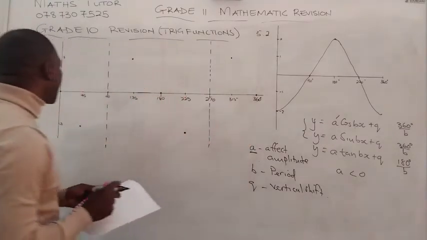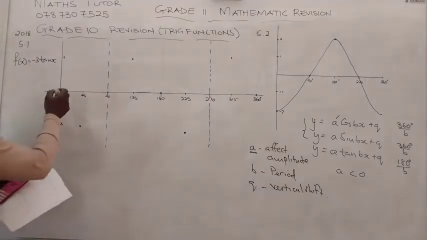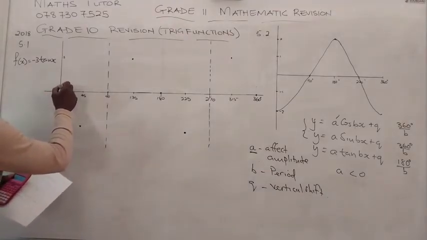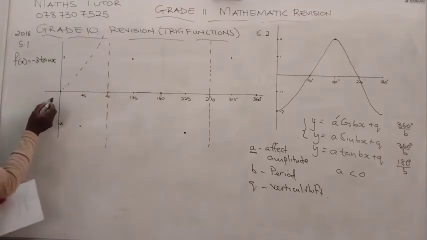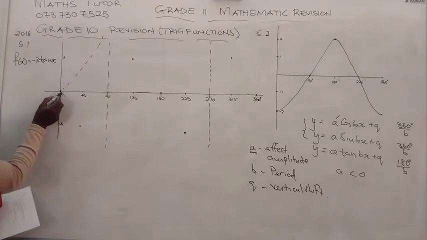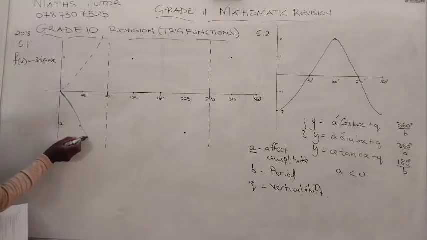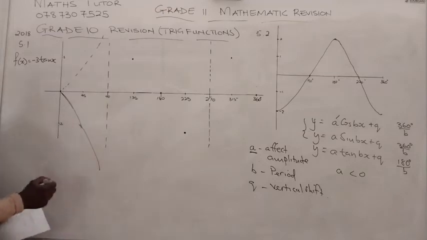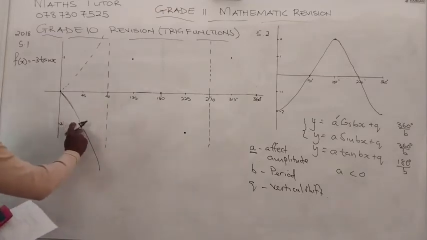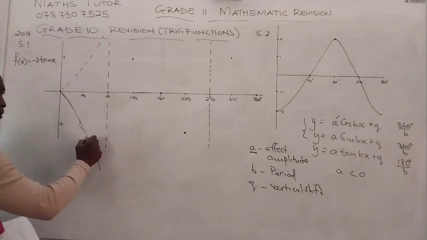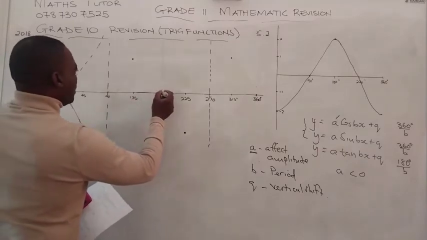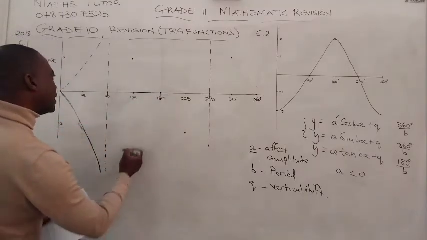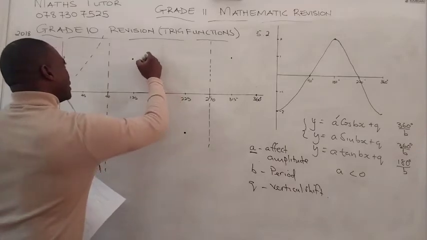So we know our graph for tan usually goes like this, but because of the negative, this has been reflected. So it's going to be like this. This was supposed to be going like this, so it's now going like this.